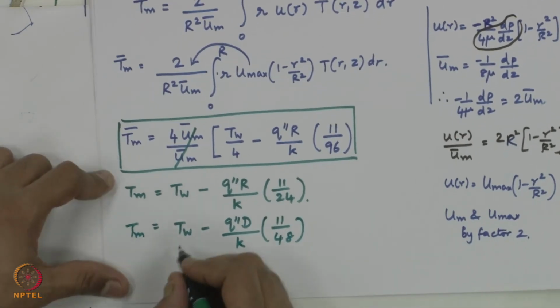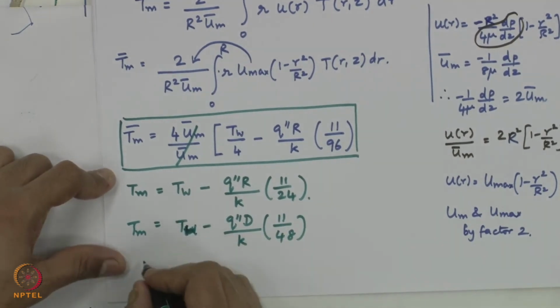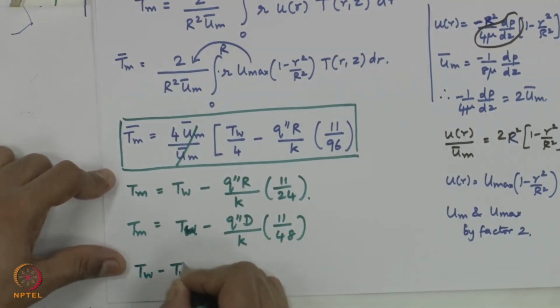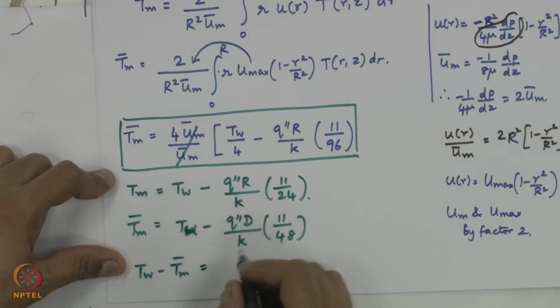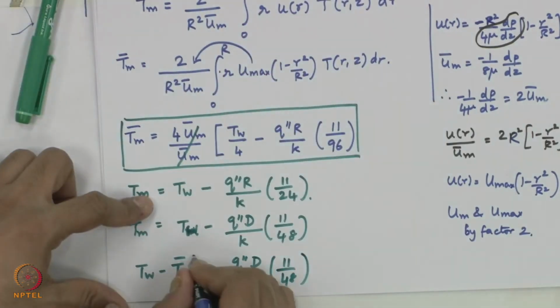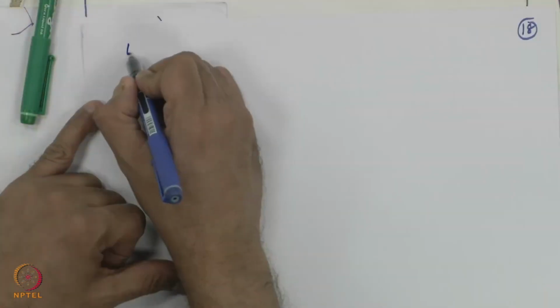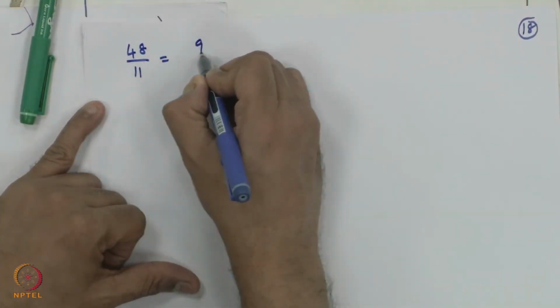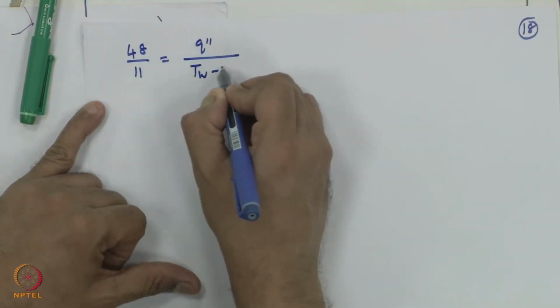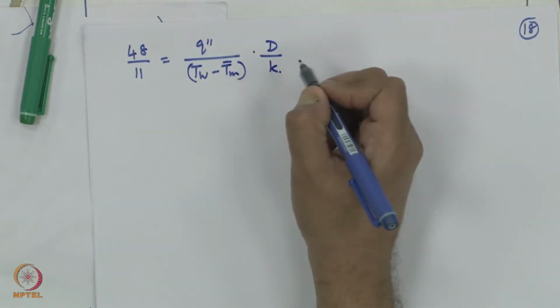And now, I am just going to do a little bit of manipulation. T wall minus T bulk mean is what I need. So, I take this q double prime d by k into 11 by 48 on this side. Now, what is my definition of Nusselt number? 48 by 11 is equal to q double prime by T wall minus T bulk mean into d by k.